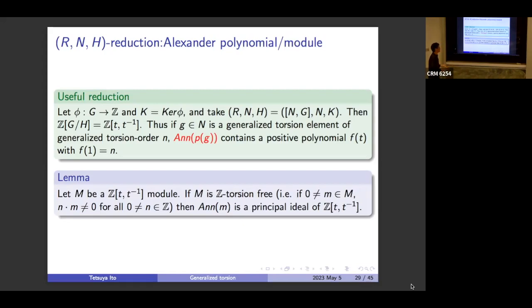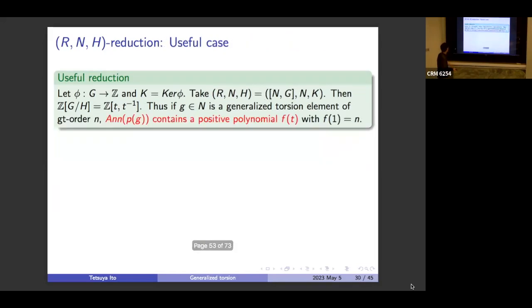So we naively think that everything is principal, though it is not a PID. To me, everything is a PID. Okay, so let us move to the second part.